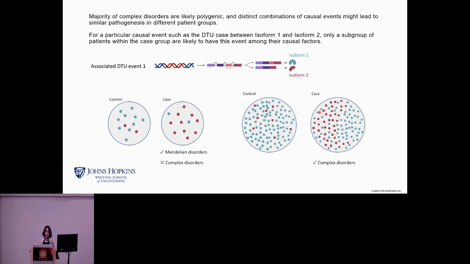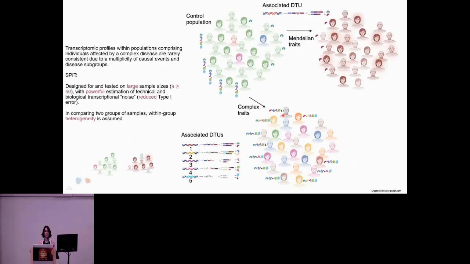But then in the complex cohort, instead of the entire or the majority of the case group being affected, you have only a subcluster of the individuals affected. And to complicate things even more, these individuals might not necessarily fall into the same subcluster, because if you look here, for example, the gray and orange individuals all have the first isoform affected, but because they have other combinations in the other 4 genes, they might fall into different categories.